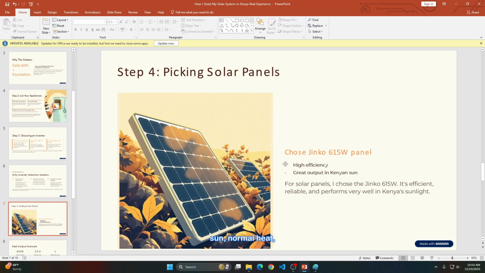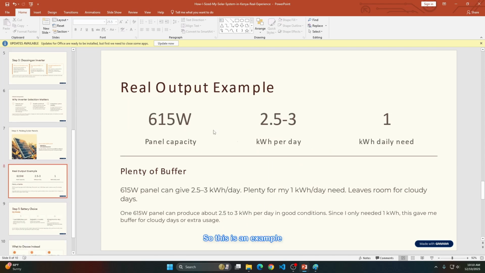If there's good sun, not much heat, optimal sun with a good range, it outputs an enormous amount. It can give you even 530 watts. So that's a great output of up to 85% efficiency. So get a good solar panel that will serve you and has high efficiency. This is an example here, the 615 panel.